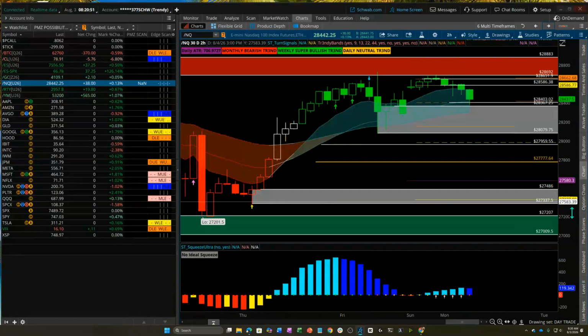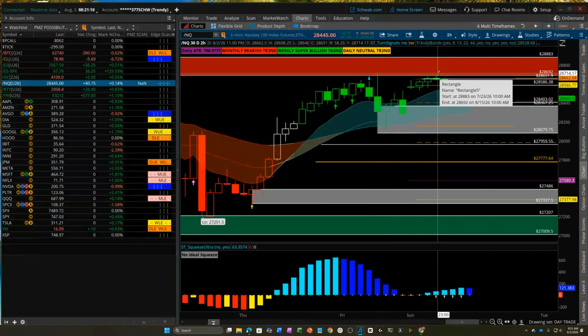The daily blueprint looks like this. This is the bull channel on pullbacks here. This is where we pulled back to on Friday. We created inside and up. You can see that it is an inside and up structure straight to supply.